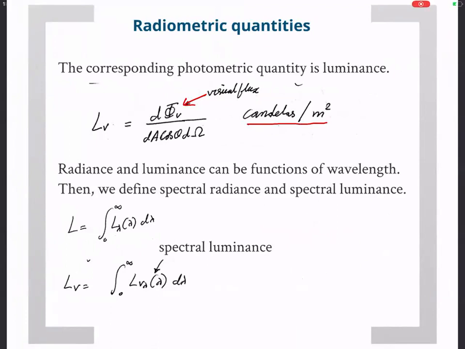Now, radiance and luminance are functions of wavelength, so this should be R. Then we can define spectral radiance and spectral luminance, which means this L is now a function of wavelength, so you have to integrate over all the wavelengths to get the total flux. And the same thing goes with the spectral luminance, where the small v refers to the fact that we have to take the sensitivity of the human eye into account.